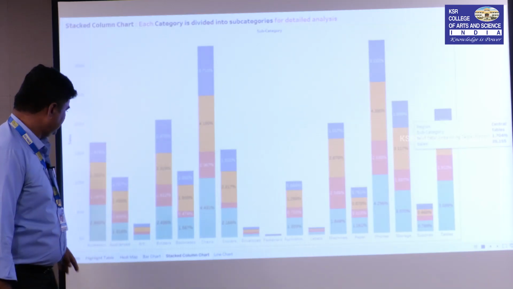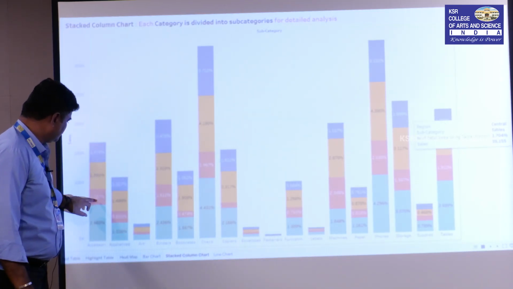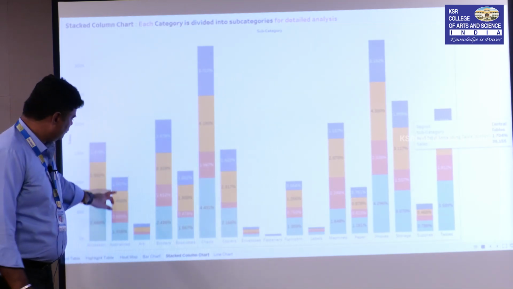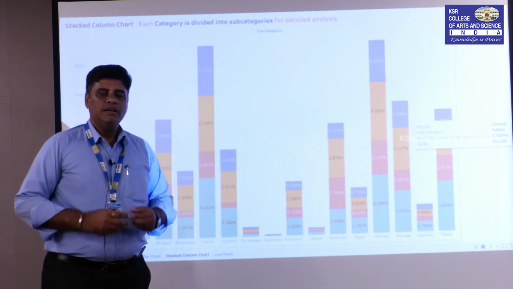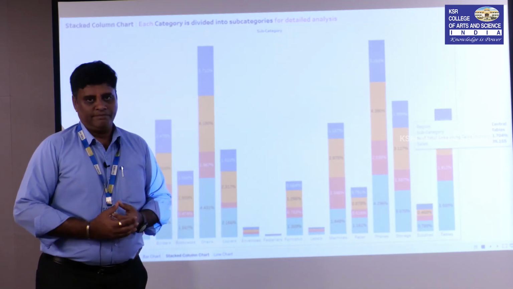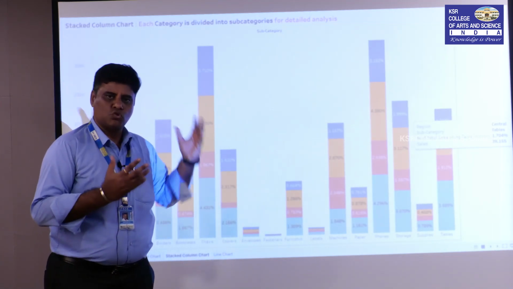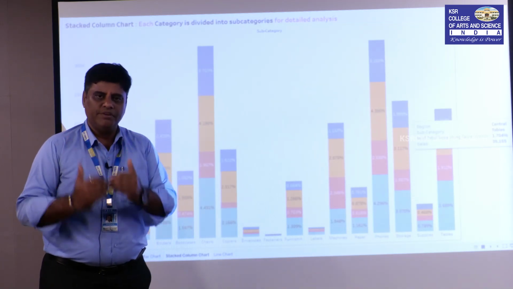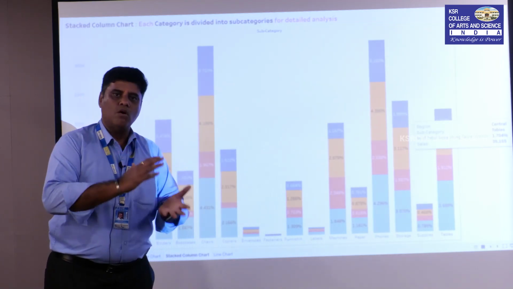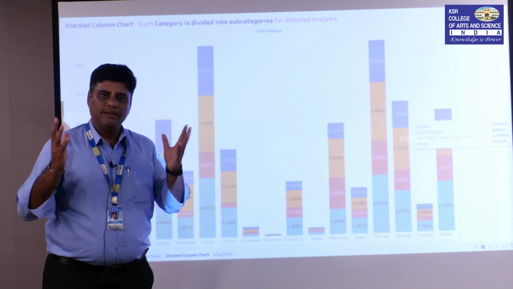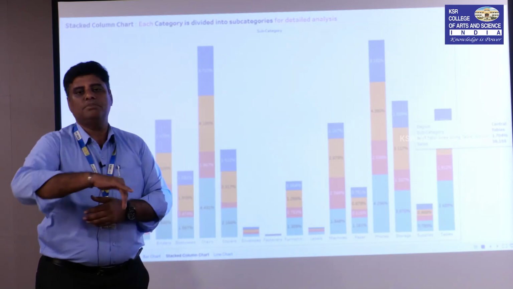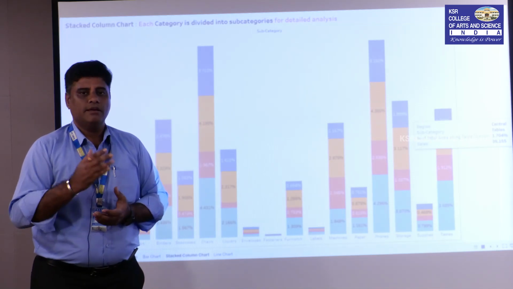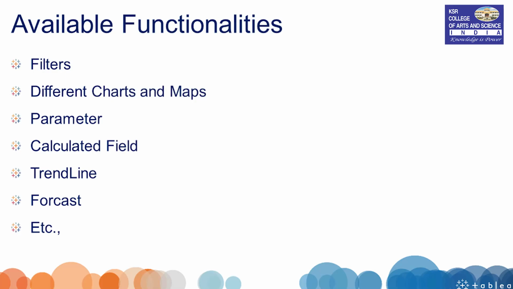It gives the values in numbers too. So a manager or higher-level people can easily identify in which area we are strong, in which area we are weak, in which area we are moderate, and which categories we have to focus on to improve the business.